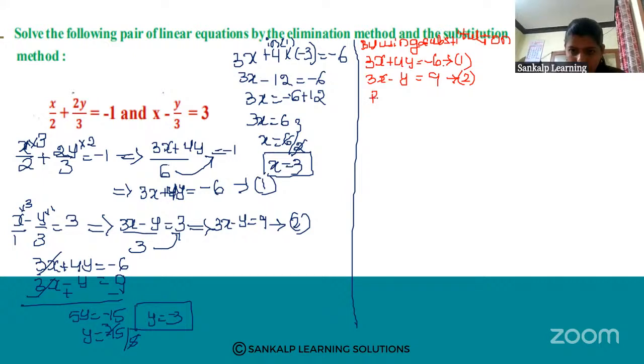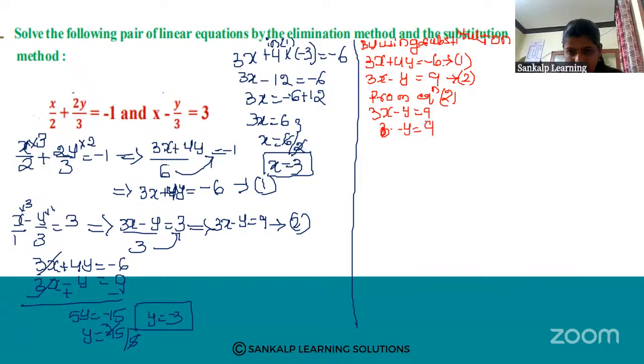You can choose any one equation and find the x value from it. 3x minus y is equal to 9. Transfer this y to this side, or you can get the y value. You can take either the x value or the y value. So x is equal to, now let us transfer 3x.